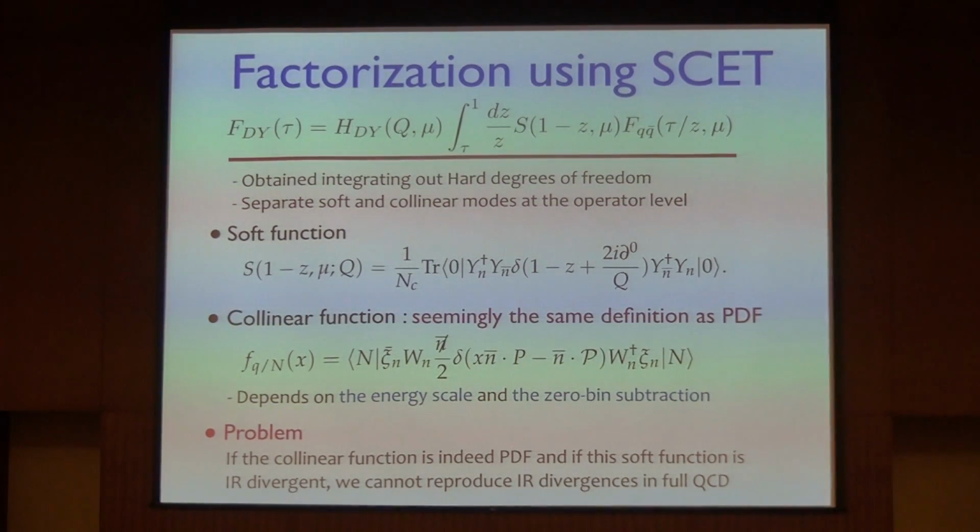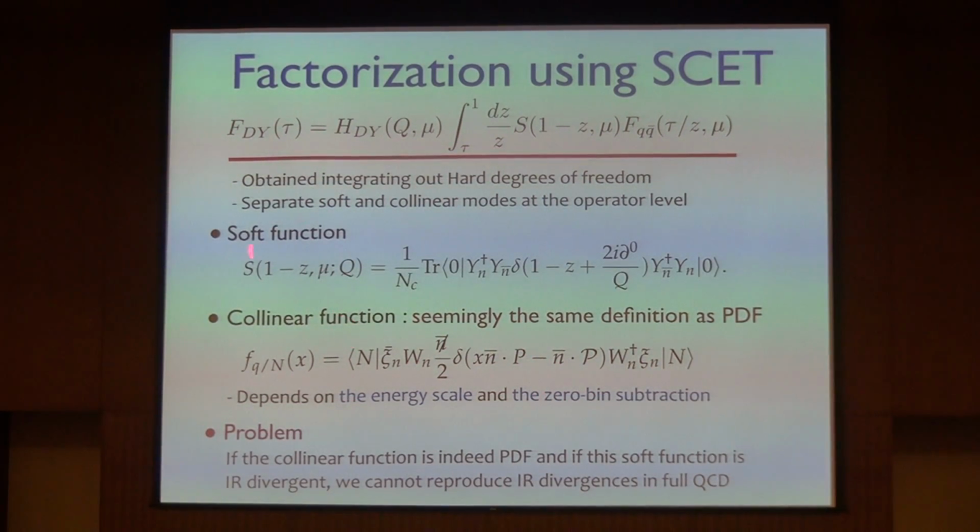Similarly, we can also obtain the following collinear function, assuming this collinear function shares the same definition as the parton distribution functions. So far, many people just identify this collinear function with the standard parton distribution functions.